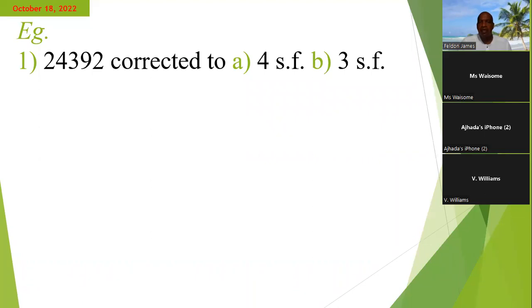All right, stick up in, Miss Waysome. I'm going to call on somebody else. Miss Williams, are you there? Yes, sir. You want to help us out? 4 significant figures.